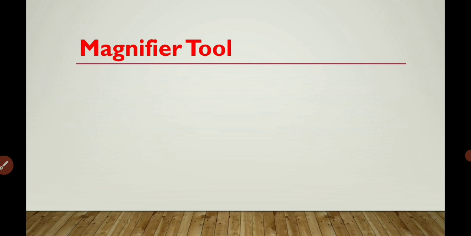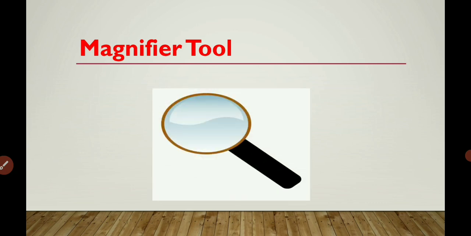The magnifier tool looks like a magnifier. Magnifier means it's a lens. What is the purpose of a lens? Children, do you know what the purpose of a lens is? A lens is used to zoom in on one particular thing.